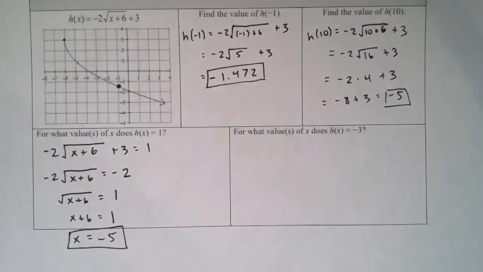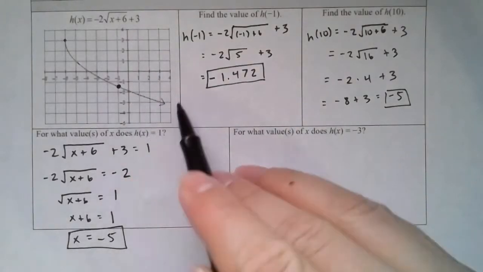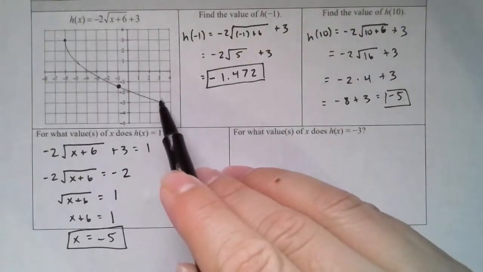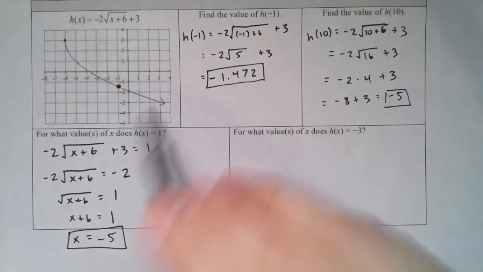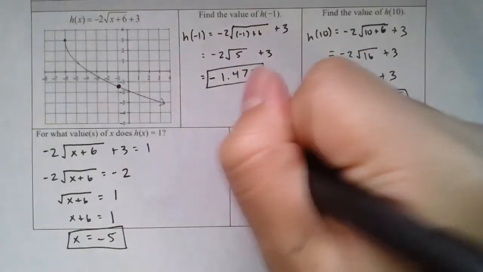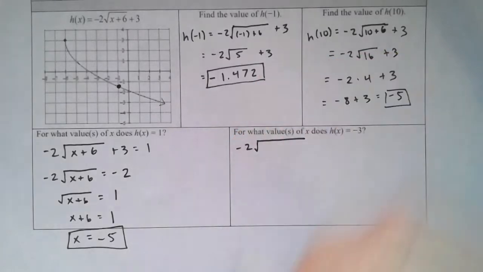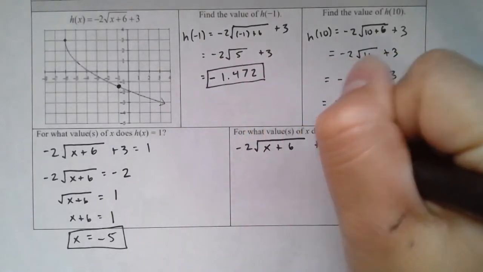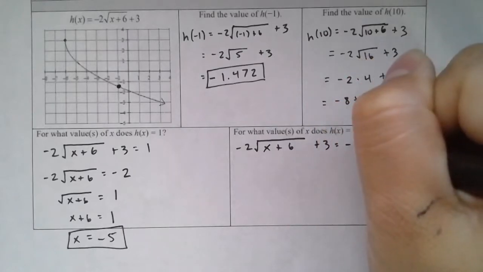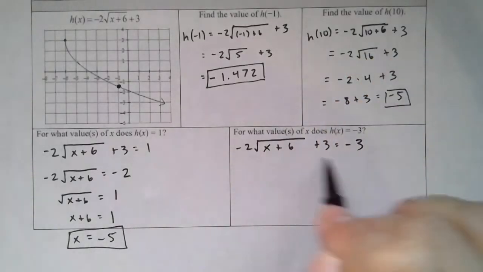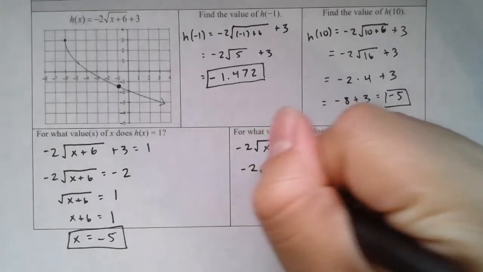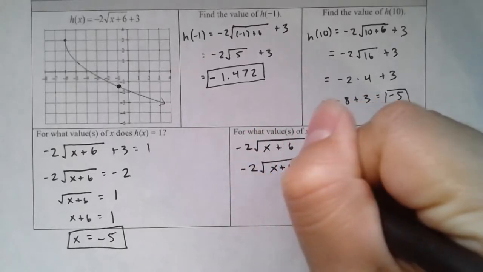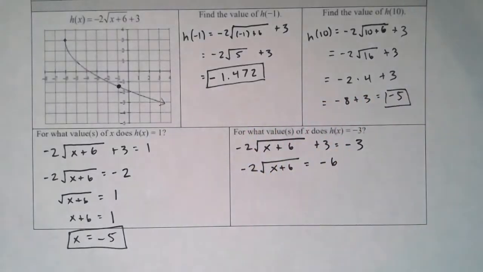Okay, last one. For what values of x does h of x equal -3? Here's -3. It looks like it would be when x is 3. So let's verify that, the same way we just did. -2 square root of x plus 6, plus 3, is equal to -3. Subtract 3 from both sides. I get -2 square root of x plus 6 is equal to -6.